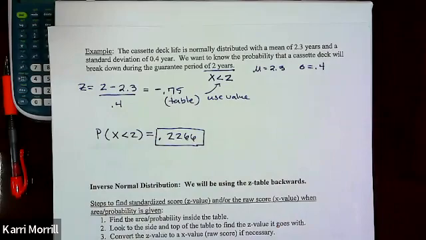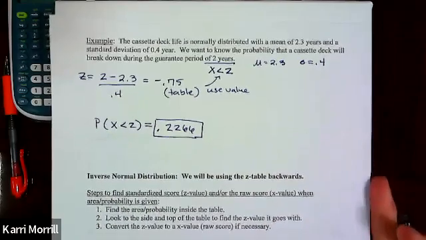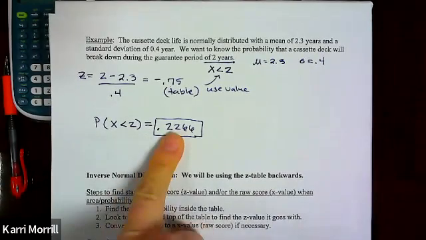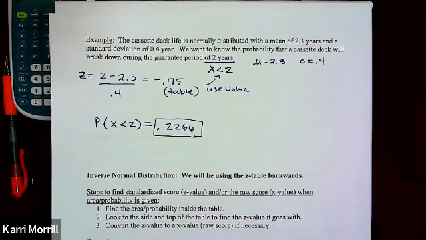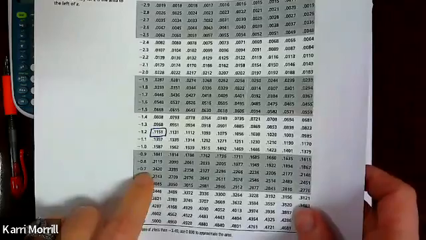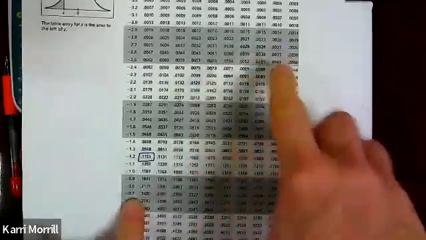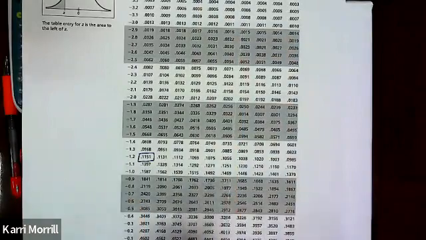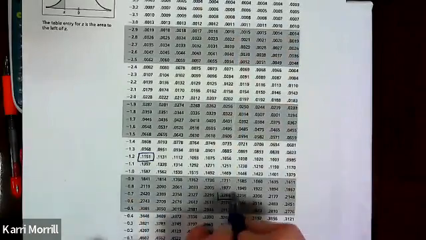Inverse normal distribution, we will be using the Z table a little bit backwards. Just like what we just found with this one. If we were going to our negative Z table, I'm going to pull it up here, and we go to negative 0.7, and then we find our 0.5 column. That's right here. That was the value we wrote down on our paper.